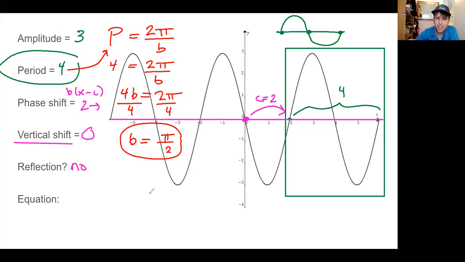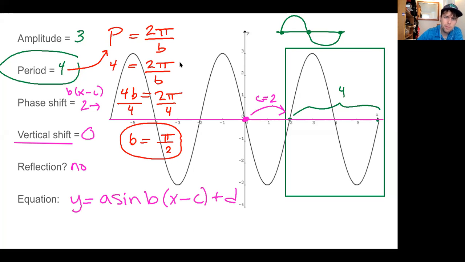So we are writing a sine equation. I'm going to write out the form we had at the beginning of this section. It was a sine b times x minus c plus d. There are a couple things here we'll need to pay special attention to. Our amplitude, the a value, is 3. Since it's not reflected, there won't be a negative here.